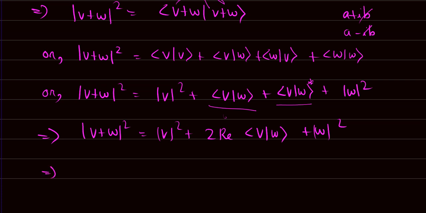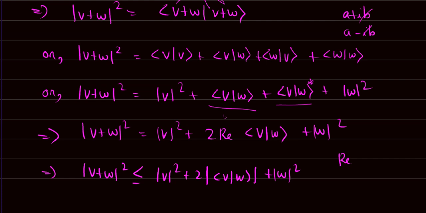Now in this line I will write V plus W square is less than or equal to V square plus 2 V W plus W square. We have used that the real part of any complex number is always less than or equal to the total length of the complex number.